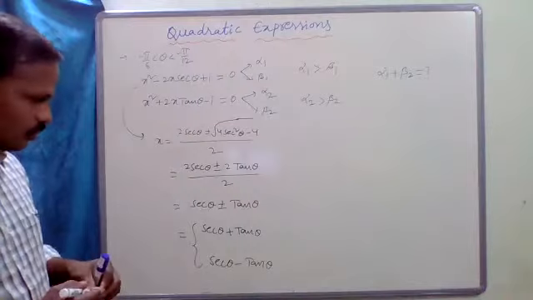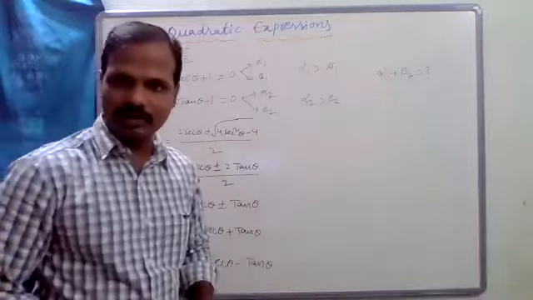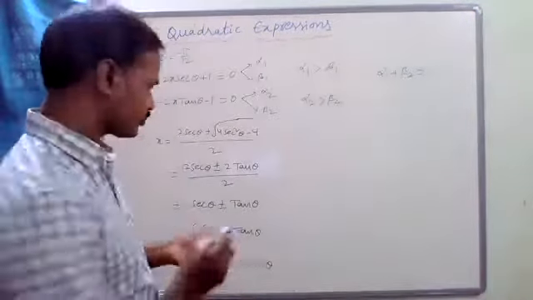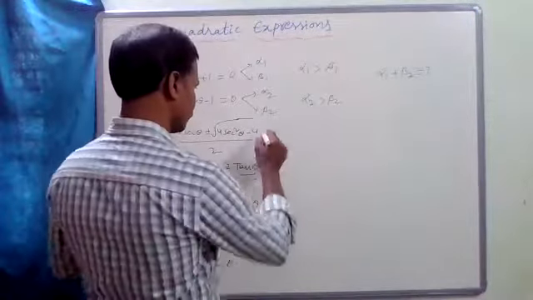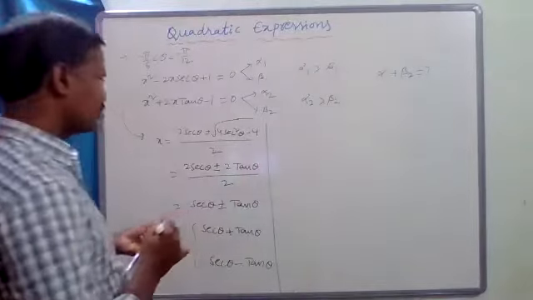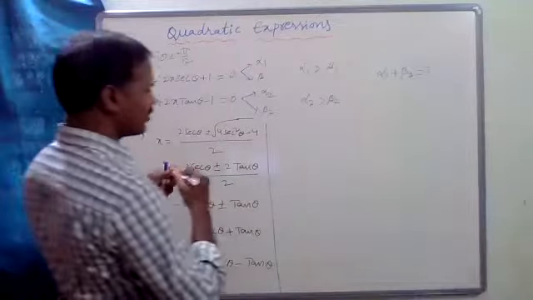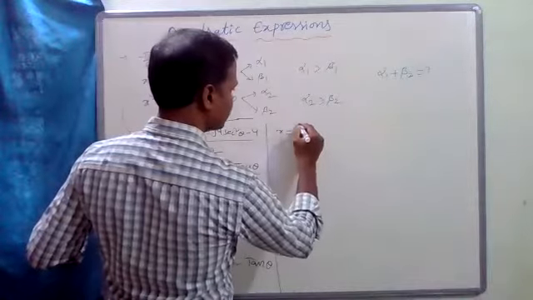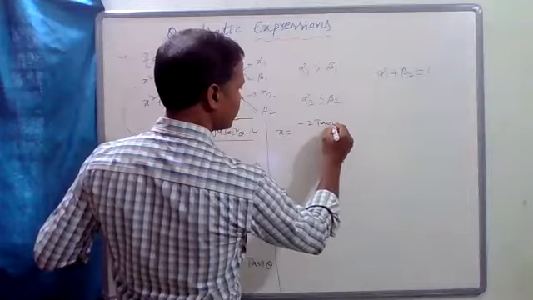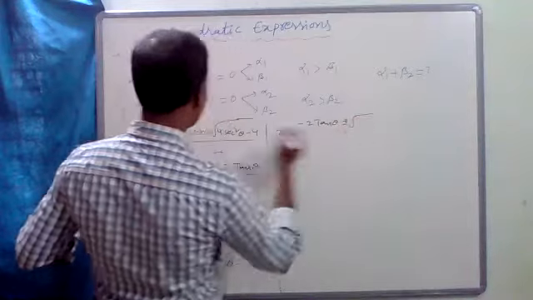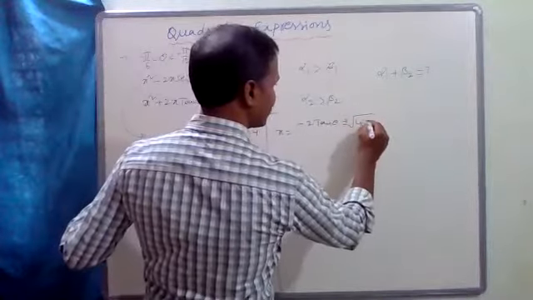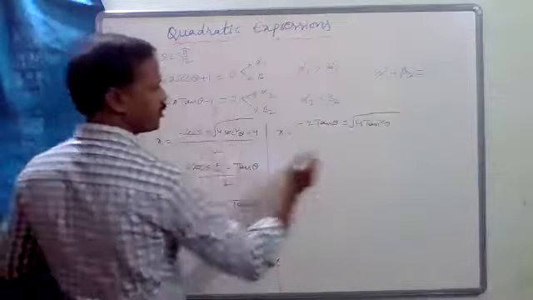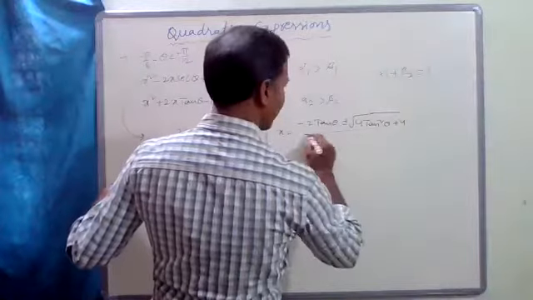Now coming to the second one. From the second equation, x equals minus b, so minus 2 tan theta plus or minus square root of b square, 4 tan square theta, minus 4ac, so plus 4, by 2a.